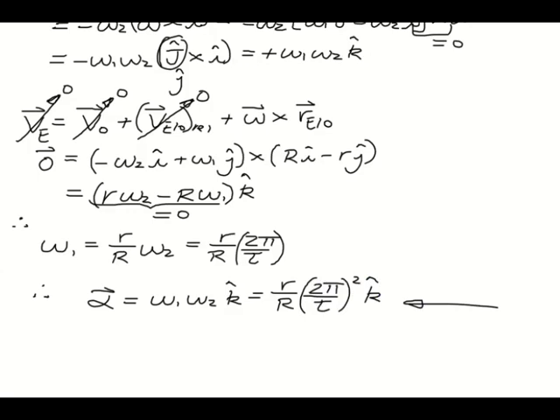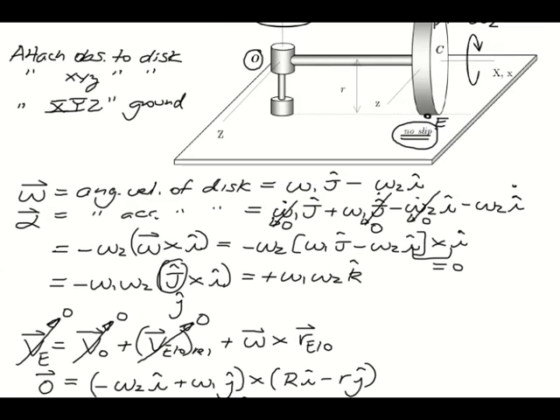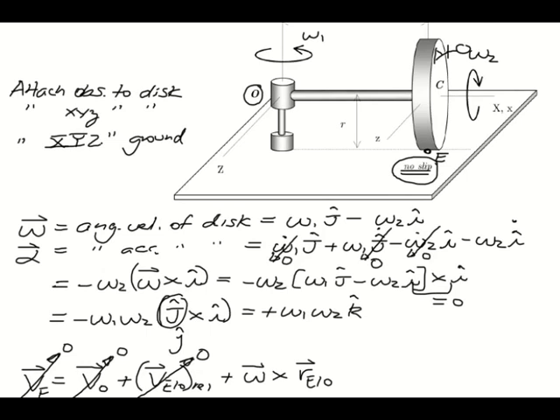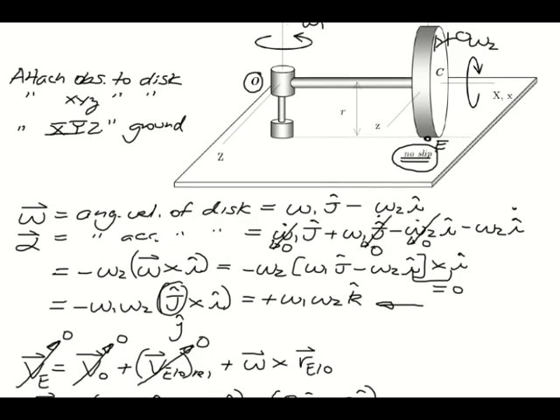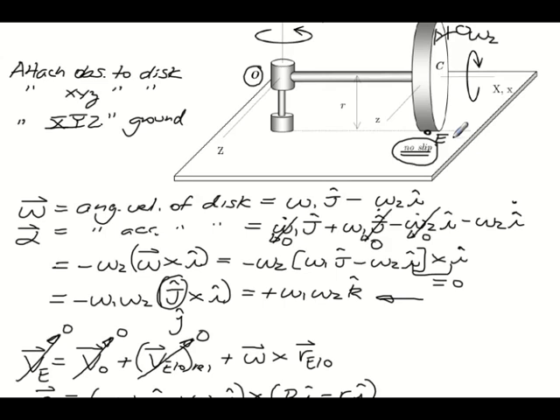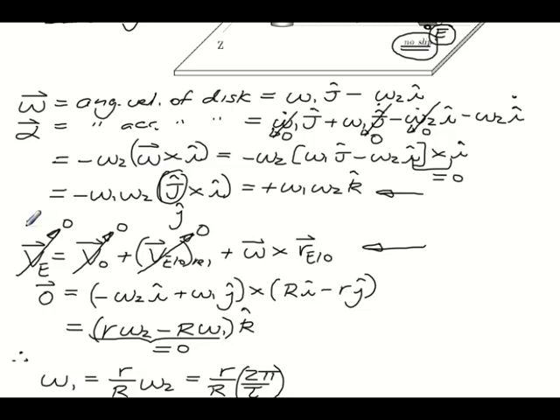What did we do? Well, what we did was just very basic stuff we've been doing all along. I wrote the omega for the disk in terms of omega 1 and omega 2. Omega 1 is about a fixed axis, omega 2 is about a moving axis. So when we did our differentiation, we ended up with this. But the key point here was that we know that point E here is a no-slip point. So if I write the velocity of E in terms of O, and use the fact that E is a no-slip point, that's a zero.